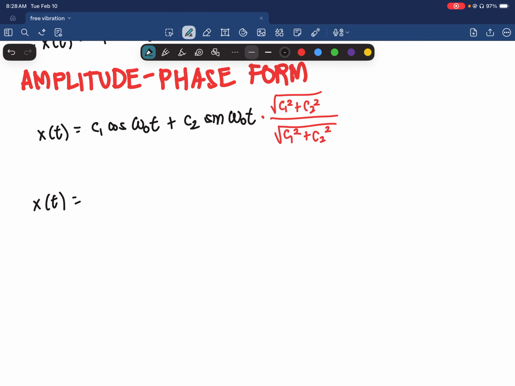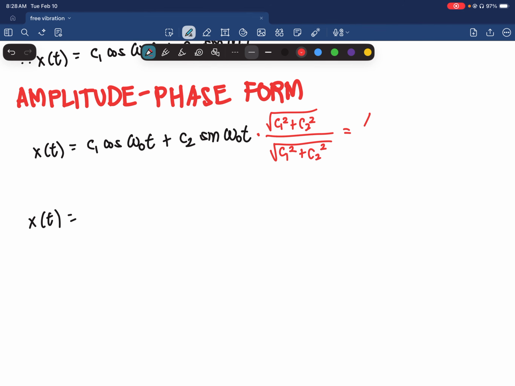No. So, this is just the same as A over A. Ayun. So, factor out na natin siya. Yung ating A, that is equal to, or rather, multiplied to c1 over A cosine omega naught t plus c2 over A sine omega naught t.